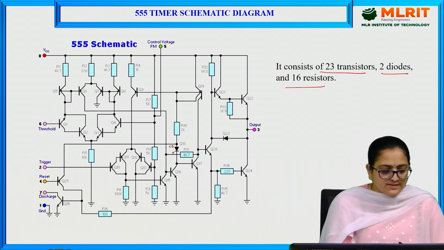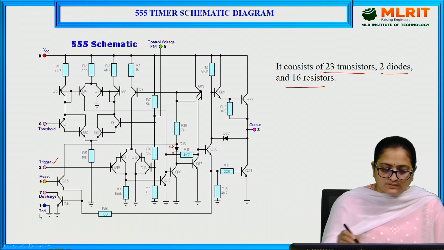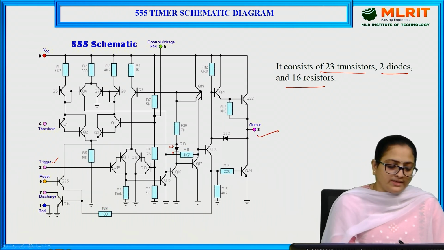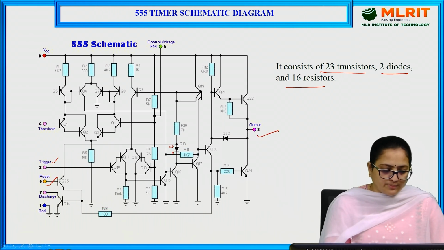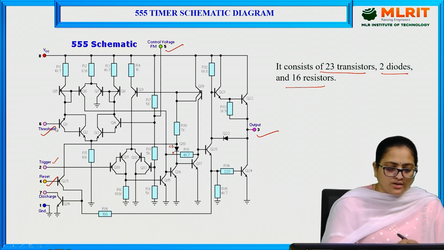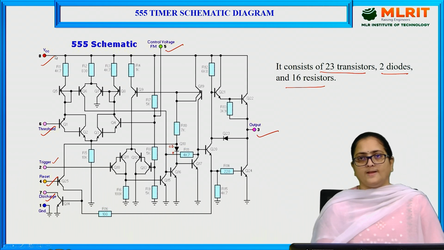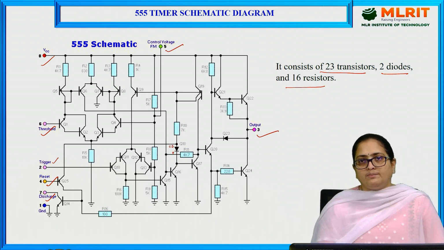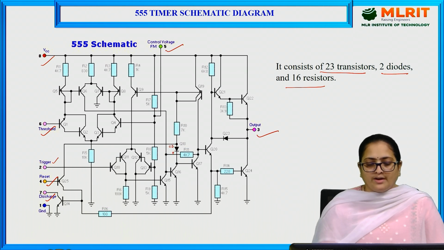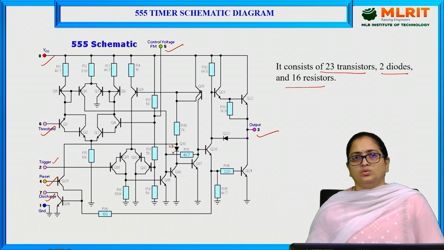The first pin is the ground pin, second pin is the triggering pin, third pin is the output pin, fourth pin is the reset pin, fifth pin is the control voltage, sixth pin is the threshold, seventh pin is for discharge, and eighth pin is for VCC. This is an 8-pin 555 timer IC schematic diagram, consisting of 23 transistors, 16 resistors and 2 diodes.